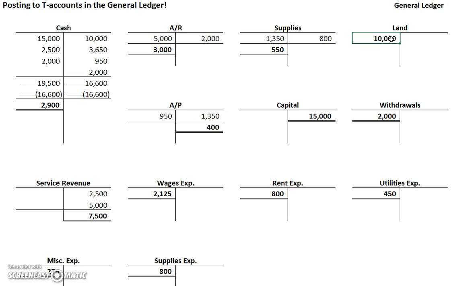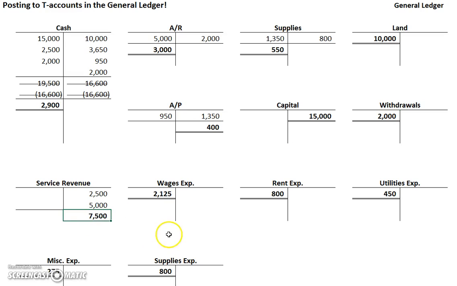They have debit balances, better have debit balances, or we know we've done something wrong. Whereas accounts payable is our liability, so it has a credit balance, which is its proper normal balance. Owner's capital has a credit balance, the proper normal balance for an equity account, whereas the withdrawals account has a proper normal balance of a debit because it's a contra equity account.